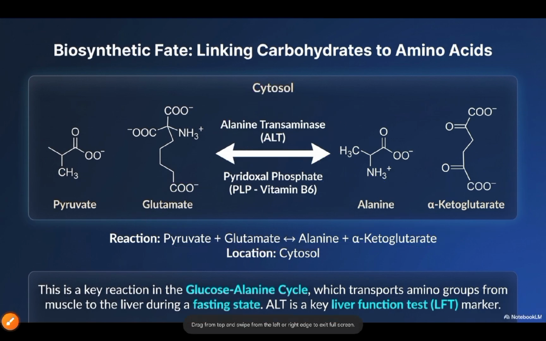This is a key reaction in the glucose-alanine cycle, which transports amino groups from muscle to the liver during a fasting state. Alanine transaminase is a key liver function test marker.